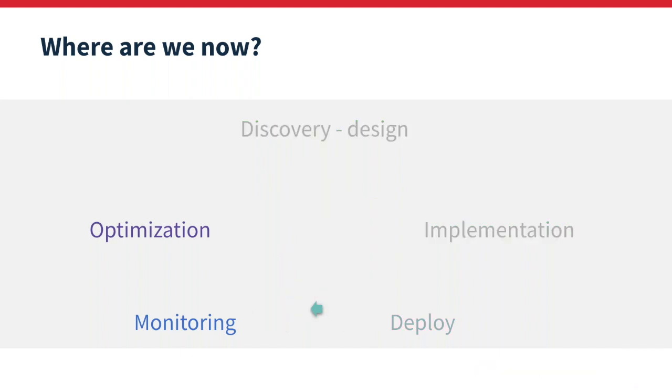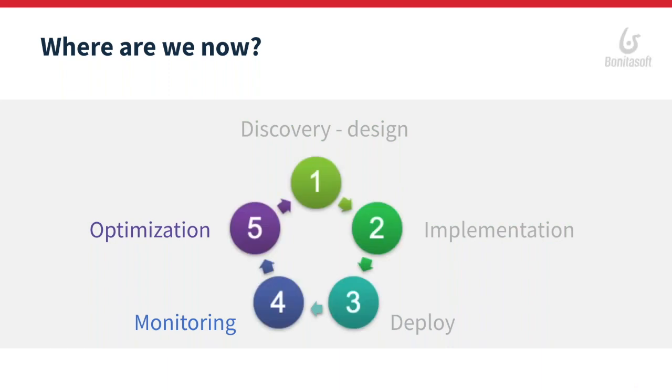Well, in order to do that, you have options. For example, add a new process to your application. You can improve what has been implemented based on your users' feedback. You can optimize your application further, or you can think about industrializing your application development and deployment.